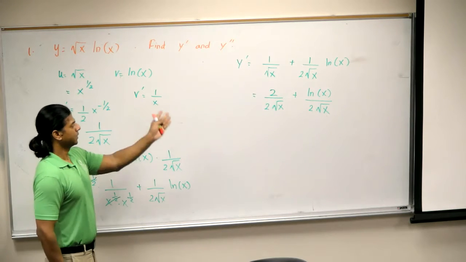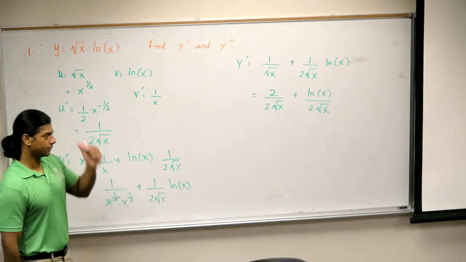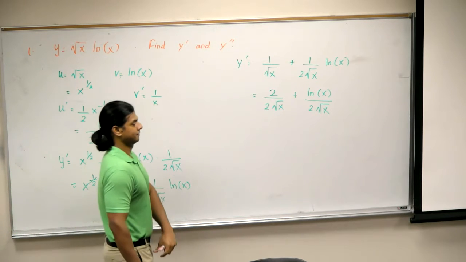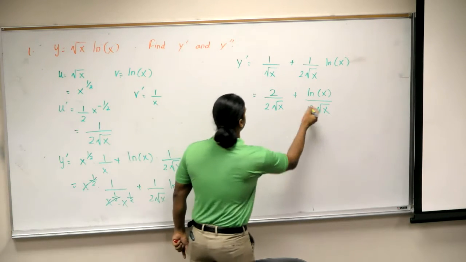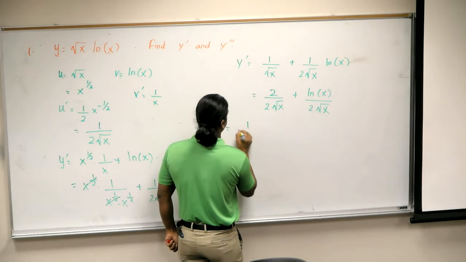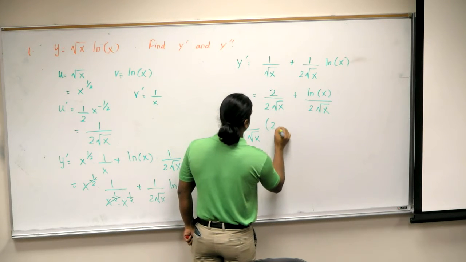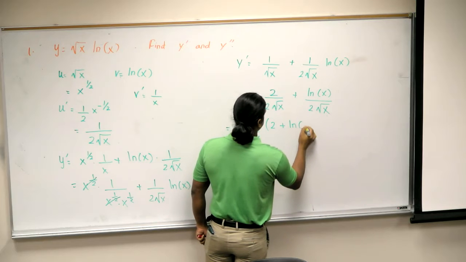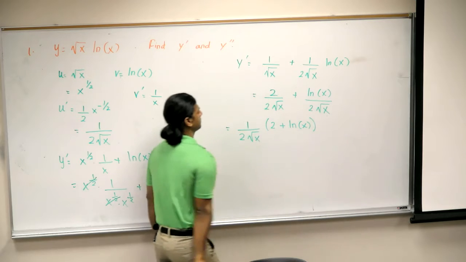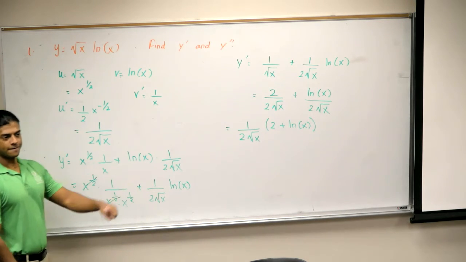Good. What is the common denominator now? 2 times the square root of x. Good so far.